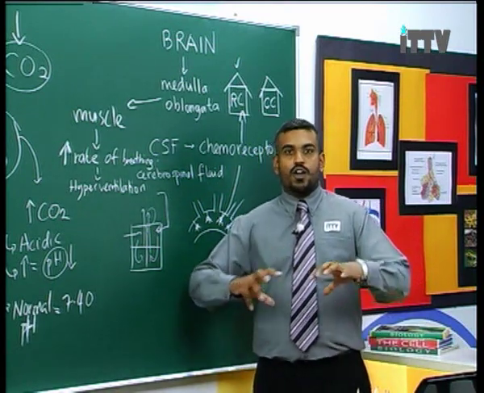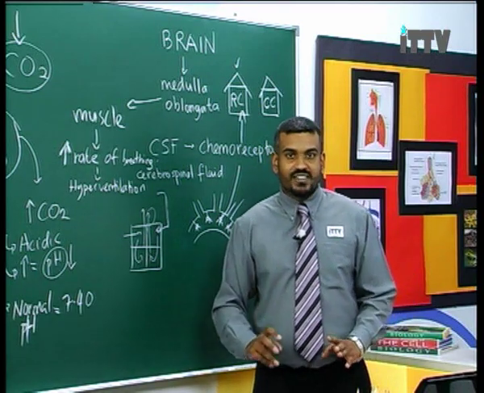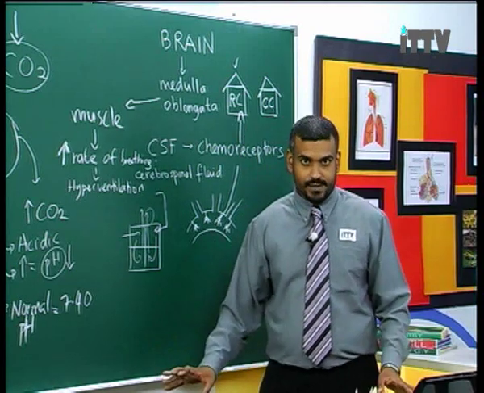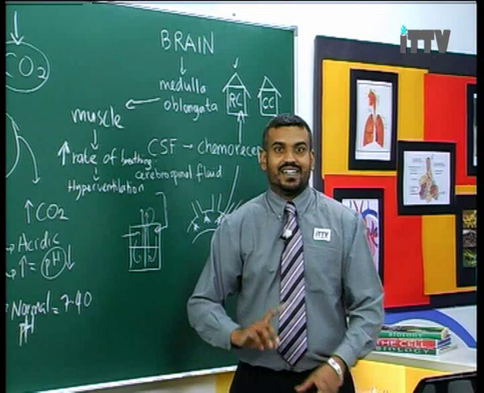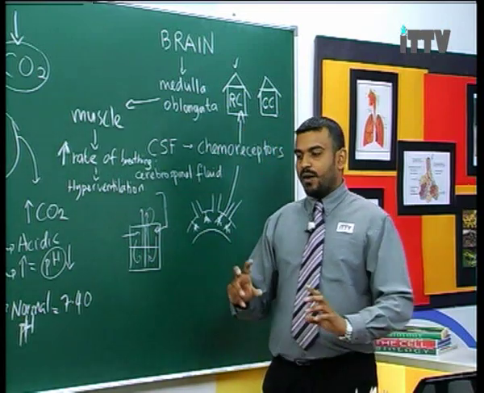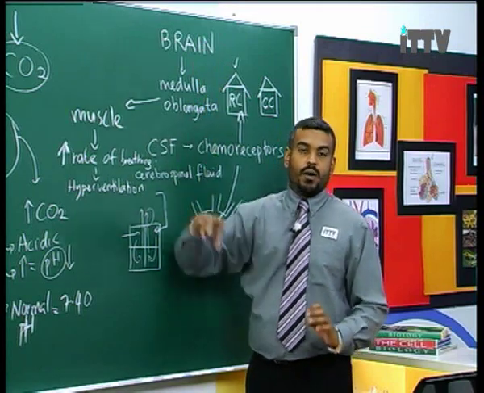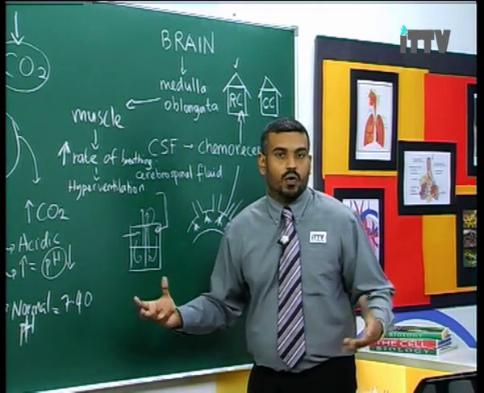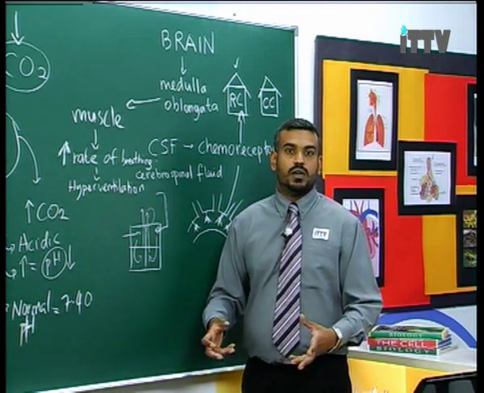So let's say your body goes into some kind of emergency. What will your body do? Your body will say, alright guys, hands, legs, you guys are not important. I'm going to cut oxygen supply to you, but I'm going to make sure the oxygen reaches the brain. That's why people who go mountain climbing in a very cold environment, or people who are lost in a very icy place with snow, end up getting frostbite in their fingers and toes.